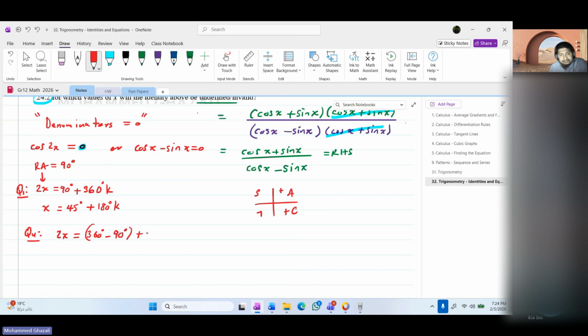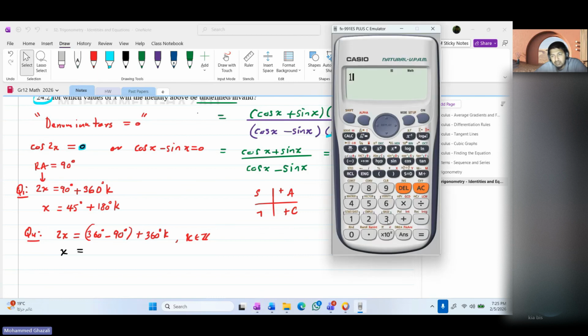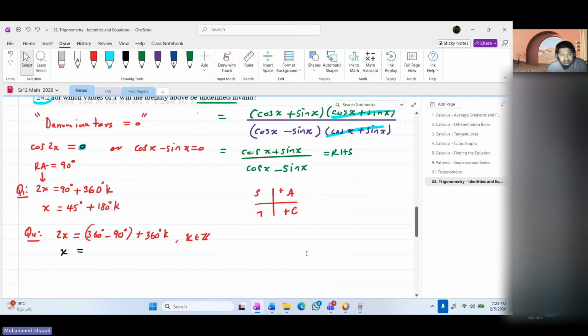Plus 360k, where k is an element of integers. So x is now equal to 360 minus 90 is 270. 270 divided by 2 is 135.